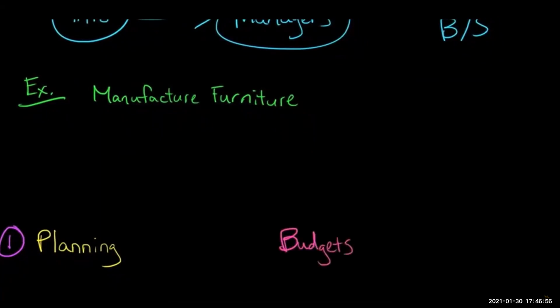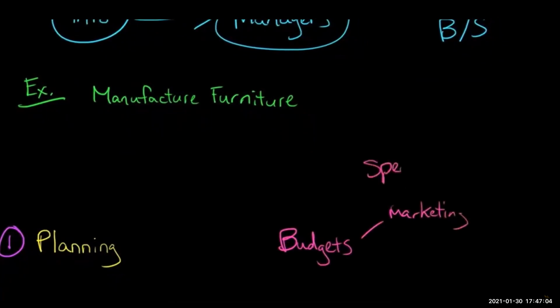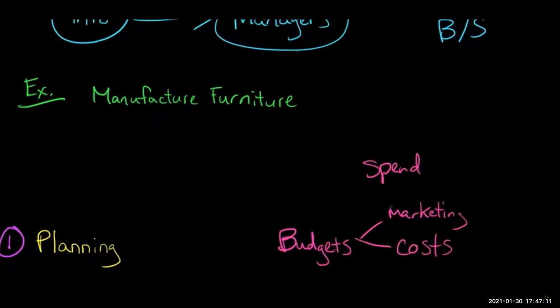We'll have a marketing budget, and budgets for all the different divisions based on what we expect them to spend. We can budget out all different types of costs. Ultimately, we're coming up with a plan. That's what a budget is: a plan for what these costs are anticipated or expected to be.